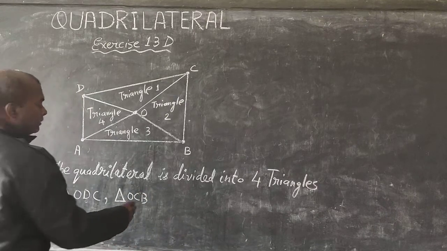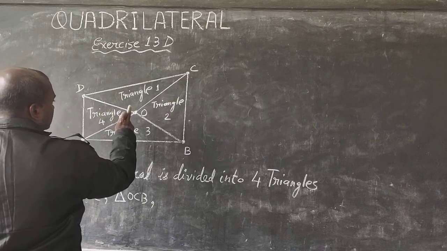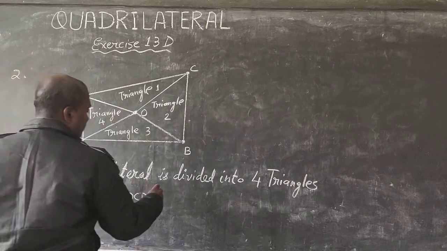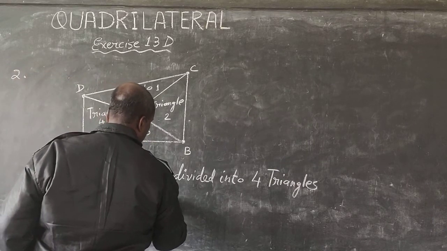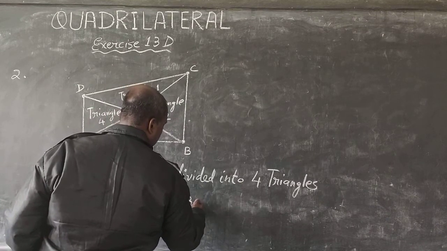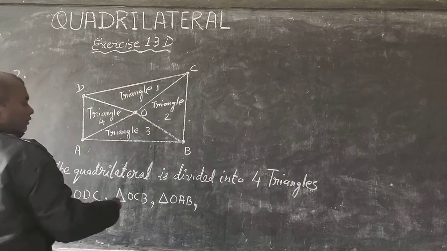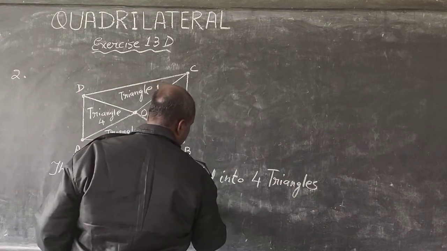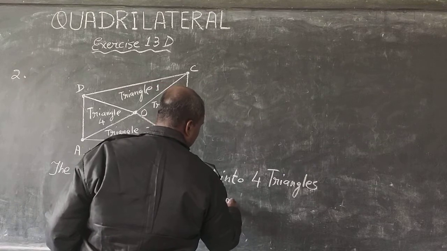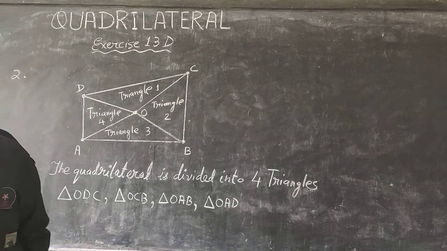Triangle 3 name can be given as triangle OAD. And triangle number 4, the name can be given as triangle OAB. Okay, this is the answer of question number 2.